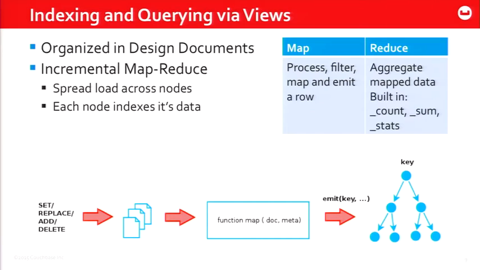And given the fact that it's incremental, it works a little bit like this. You're setting, replacing, adding, or deleting, so performing CRUD operations in your key value store. As soon as you do this, it will be indexed and put into the index behind this view, based on the map function. So every change will more or less be processed by the map function. It will not be processed immediately, so our indexing happens asynchronously by default.